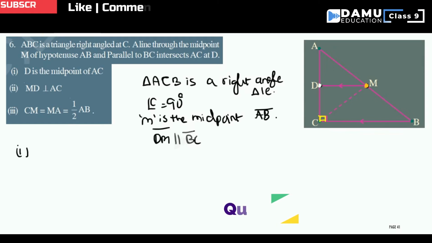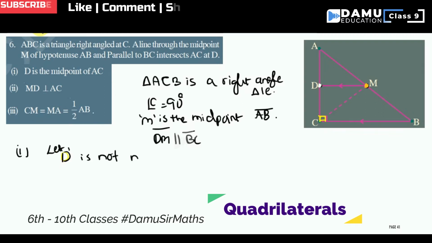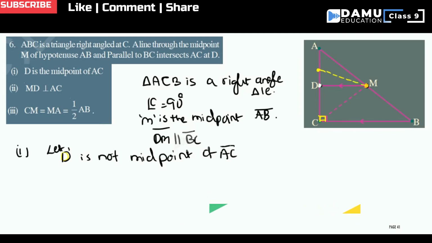So how can we show this? Let us suppose D is not the midpoint of AC. Let D be somewhere else, say here.